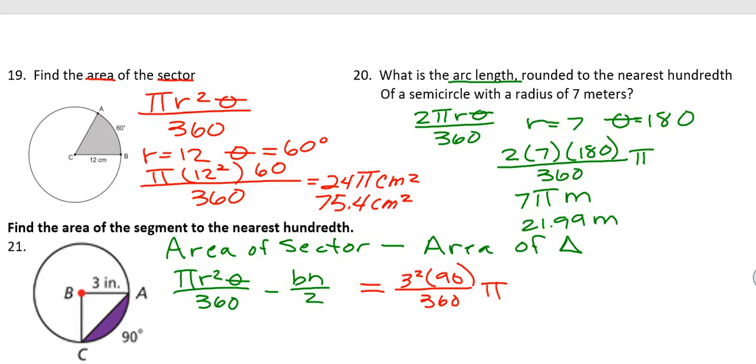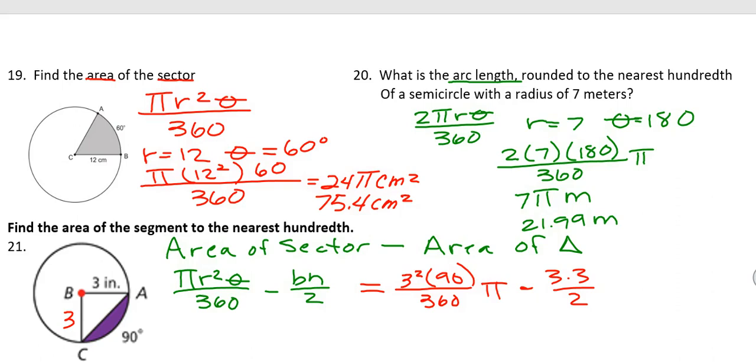And when we talk about our base and our height, notice over here that all radii in a circle are the same. So our base and our height are going to be, we're going to subtract that, minus 3 times 3 divided by 2.